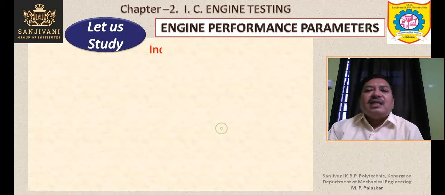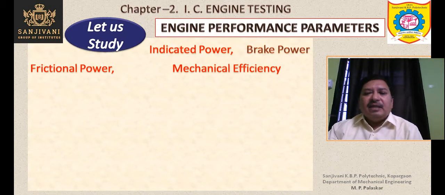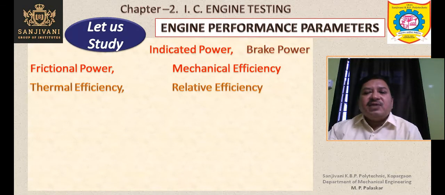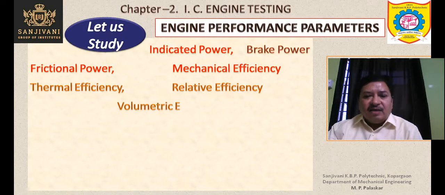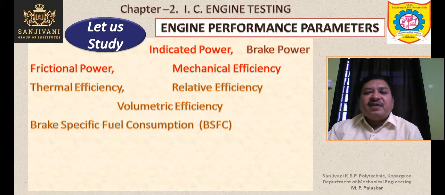So, these are the engine performance parameters which we are going to study. We are going to study the indicated power, brake power, then the frictional power, mechanical efficiency, thermal efficiency, relative efficiency, volumetric efficiency, brake specific fuel consumption. In short, we call it BSFC.